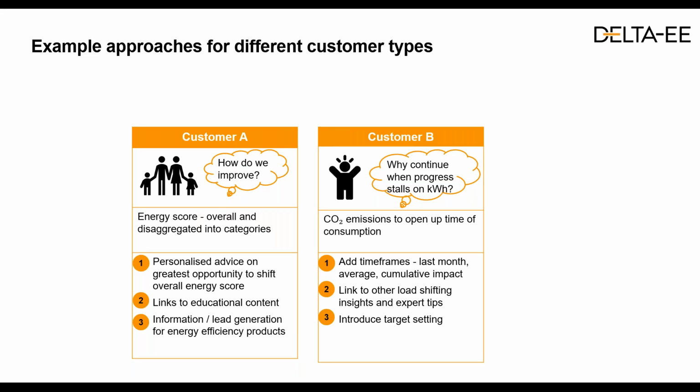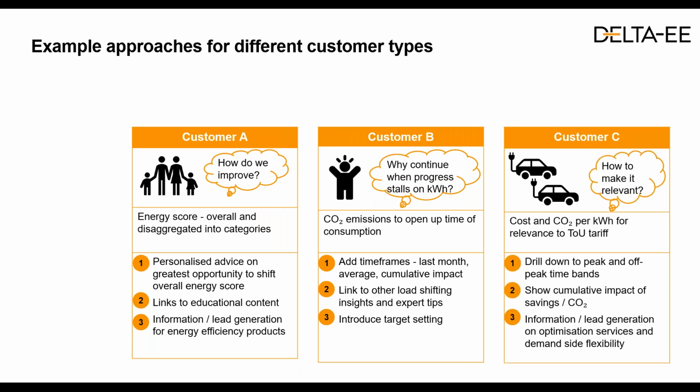We can also introduce target setting here to get this customer to commit to a new area of behavior change, together with performance over perhaps different timeframes to keep them motivated each month. So again, you're developing that habit over time.